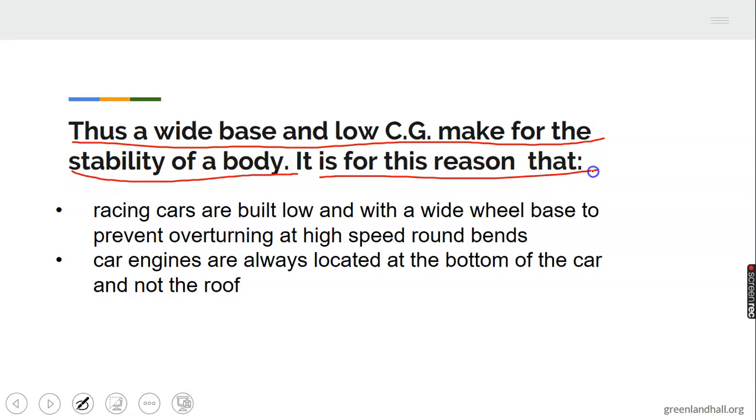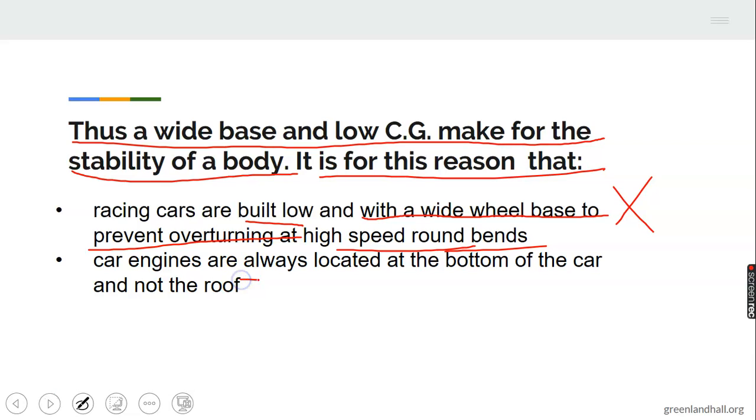It is for this reason that racing cars are built low and with a wide wheelbase to prevent overturning at high speed around a bend. If you have the luxury of watching Formula 1, you see those cars, they are so low and their tire base is very wide. The reason is to prevent overturning of the car when speeding around a bend.